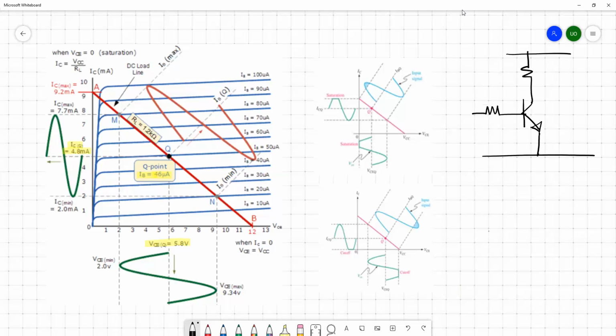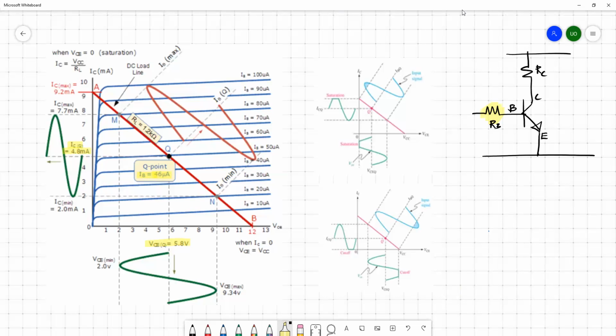So let's assume this common emitter configuration, a very simple common emitter configuration. Through this base resistance RB and RC, we can manage the Q point to place it here.